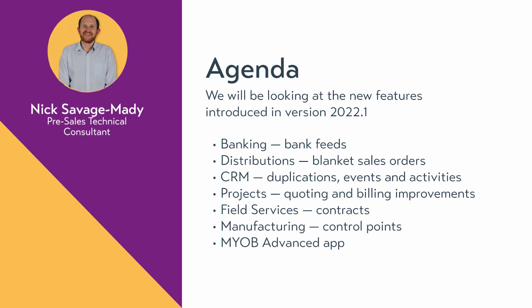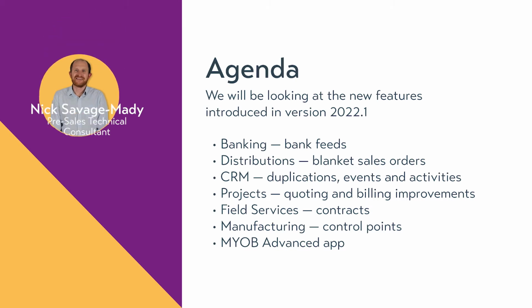Then we'll have a little look at projects and in particular project quote improvements and progress billing. And then we'll have a little look at field services in terms of contracts. After that, manufacturing and control points. And then lastly, we'll have a look at the mobile side of things and how they've added in new things like workspaces, favorites, KPI tiles.